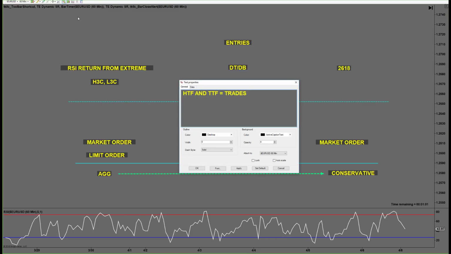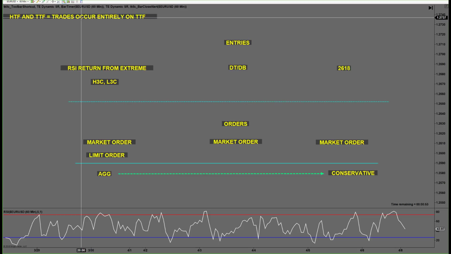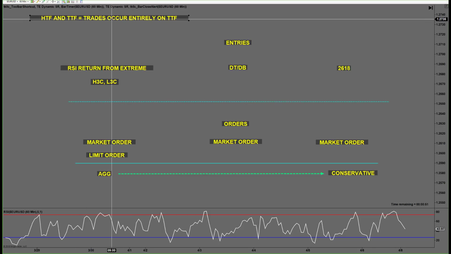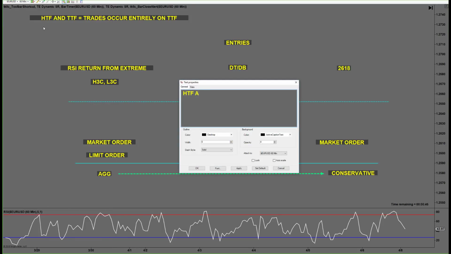Trades occur entirely on TTF. Entries are defined there, stops, targets, everything. And then of course we've got HTF and LTF. We've discussed this before, but we do have new peeps in here in Syndicate, so I want to make sure that we discuss this because it's relevant to what we're talking about.